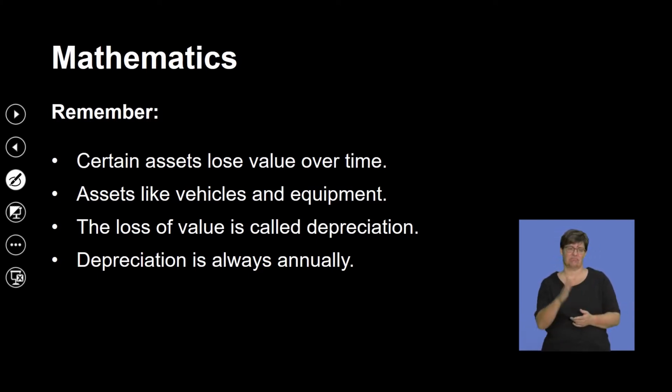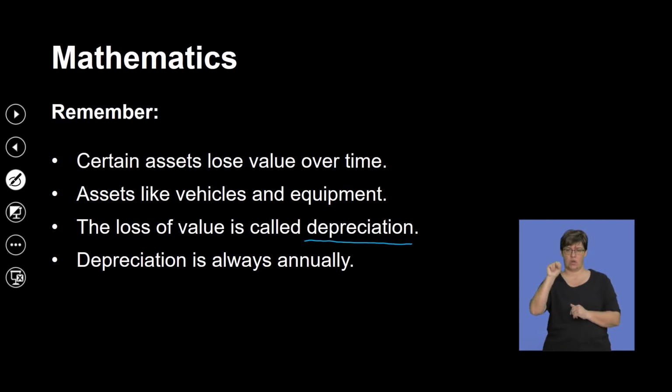So your cars, your buses, your taxis, your tractors, those are all the vehicles that we are talking about here. And then the equipment can be a TV, it can be a computer, or a playing console for that matter. The loss of value is normally called the depreciation or decay, which means one and the same thing.